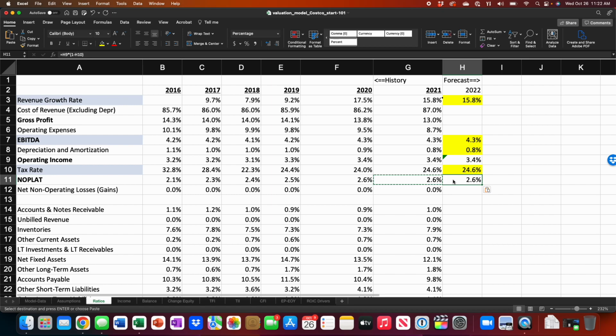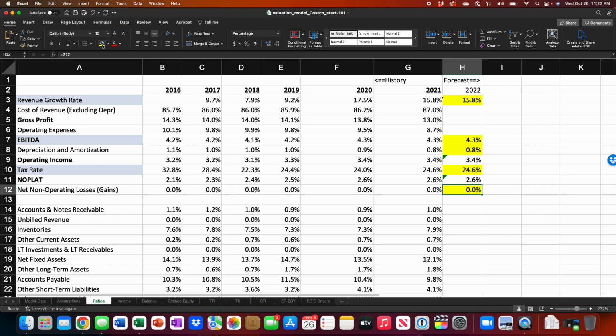Finally, non-operating gains and losses, which Costco does not have any, but some other company might. So for H12 equals the previous year, yellow. Those are the key income statement items we're going to forecast for 2022.